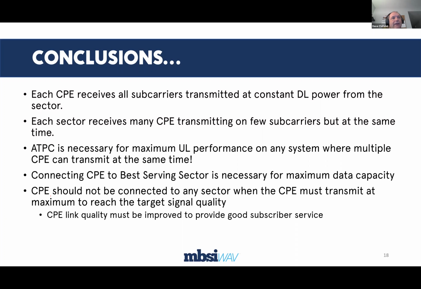If you want a high capacity broadband network, minus 60 dBm RSSI should be the target of your network. Now, of course, in every sector, you're going to have somebody who's a little bit lower. You can have one or two that are lower. You should not have a whole sector full of CPE that are all screaming at the top of their lungs in order to be heard by the base station.